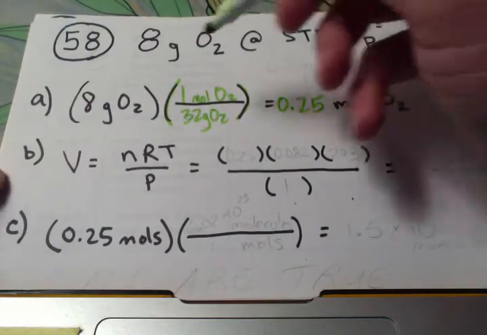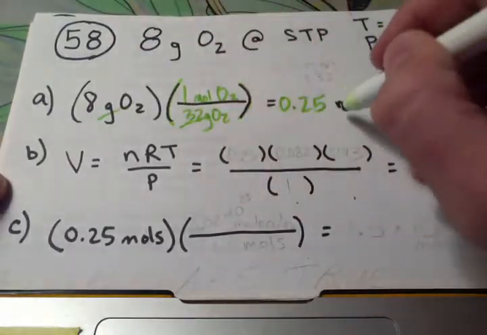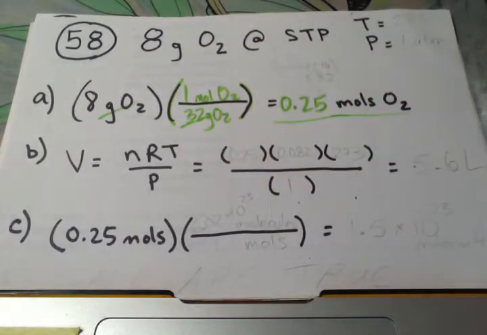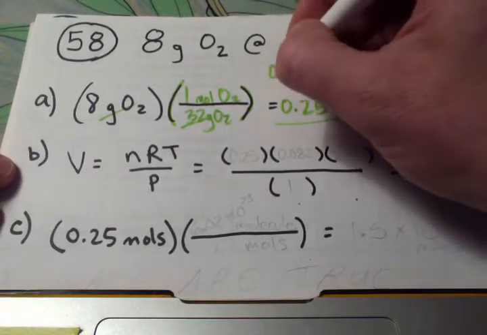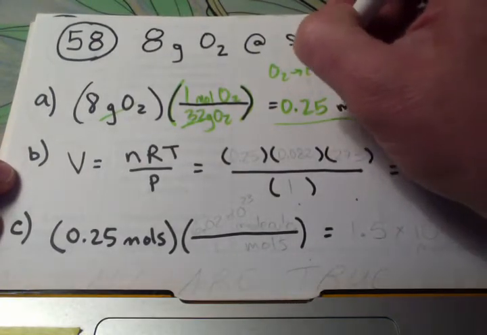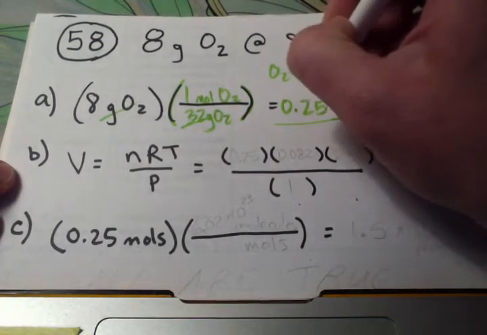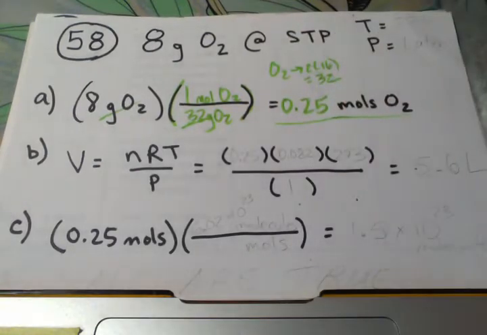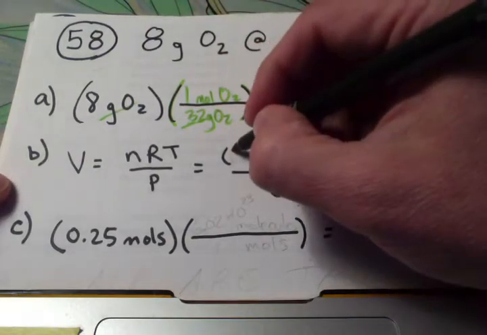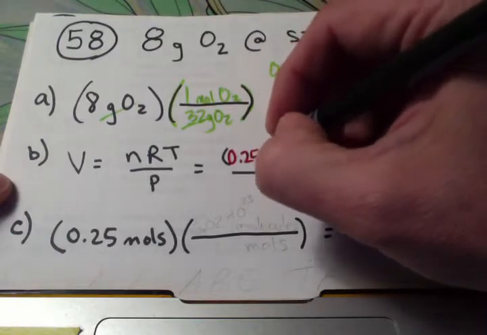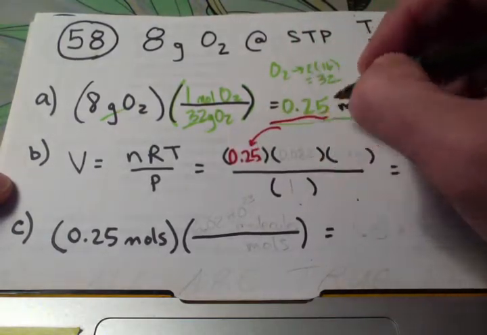So the first one is how many moles? Hopefully that's 1/4 of a mole, 8 out of 32. Because remember, our oxygen, my favorite, is 2 of them, O2, 32. Then, oh, good gravy. The volume equals, so I know my N, so really, boom.